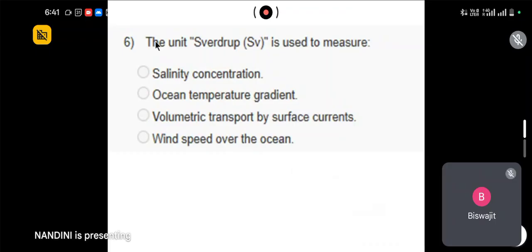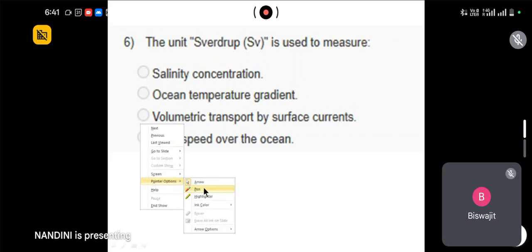Now the next question. The unit Sverdrup is used to measure what? What does the Sverdrup give you? Yeah, it basically gives you the volumetric transport by surface current.